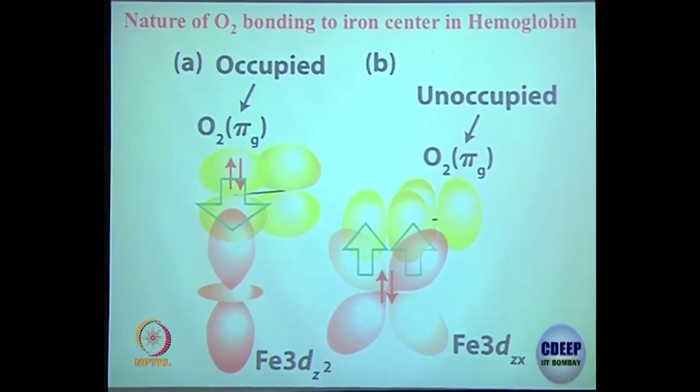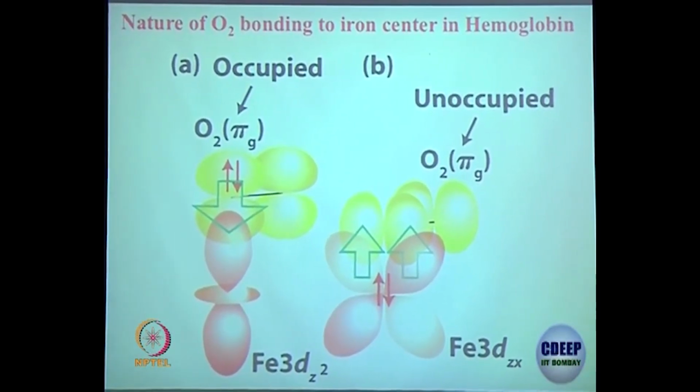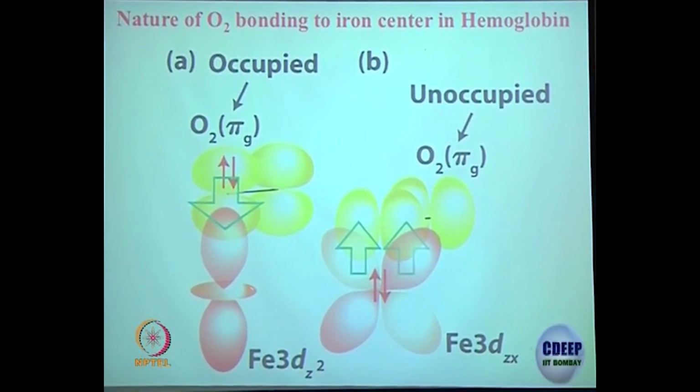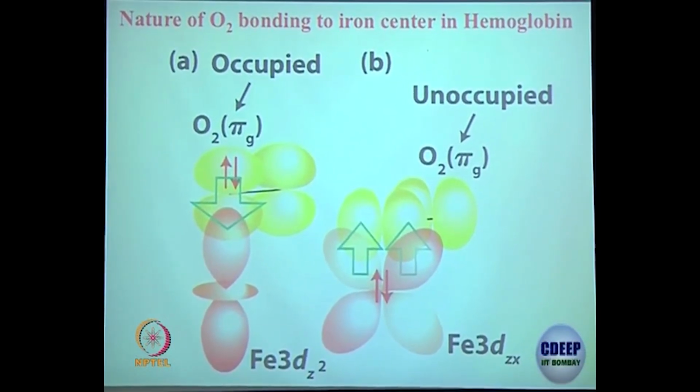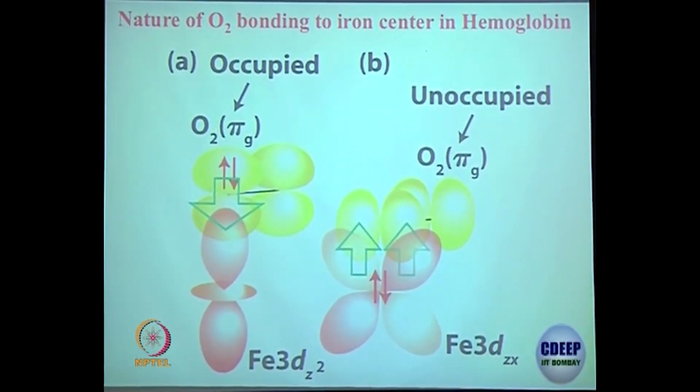I may not discuss way too much afterwards. Now how is the binding happening? This is oxygen, these are, let's say, oxygen's 2 electrons. It is ligand to metal bonding that is happening. It gives to the dz2 orbital, the axial position.